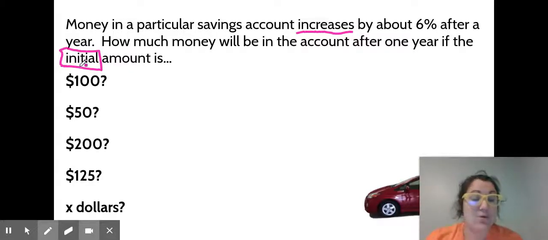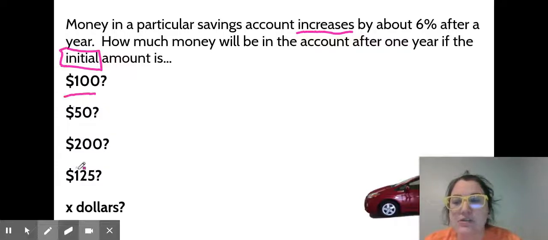Same idea here. When we talk about initial amount, we're talking about starting amount. That should get your mind rolling, and you should be thinking, hey, my starting amount is always 100%. So let's work through the first one together, and I'm going to give you some time to work on the next three.